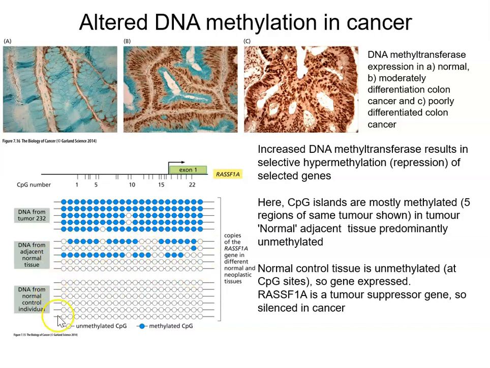But if we look at DNA from normal colon tissue, we find that this gene is never normally methylated. So the RASSF1A gene, which is a tumour suppressor gene, is normally expressed in colon tissue, but in colon cancer it is silenced because almost every CpG island within that promoter region is specifically methylated. And that methylation is helped by the fact that the cancers overexpress DNA methyltransferase enzyme.